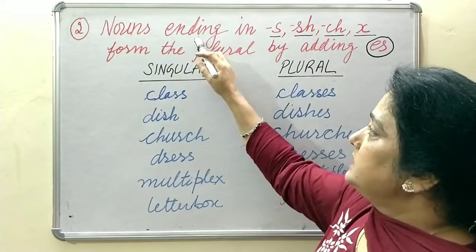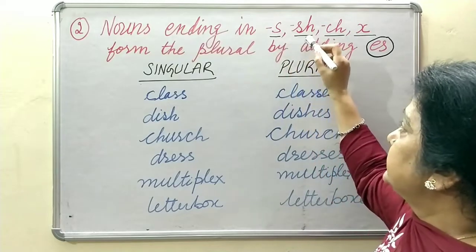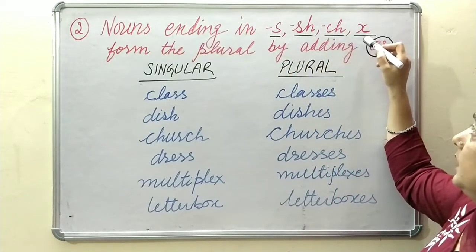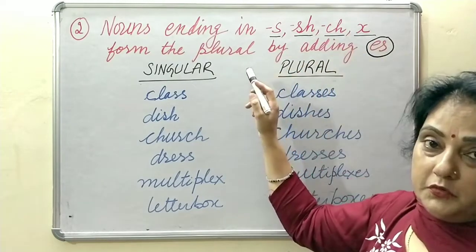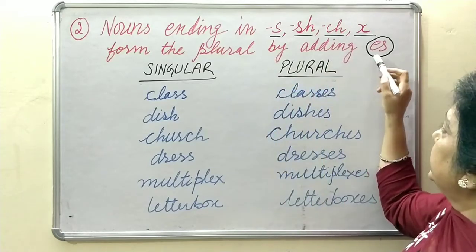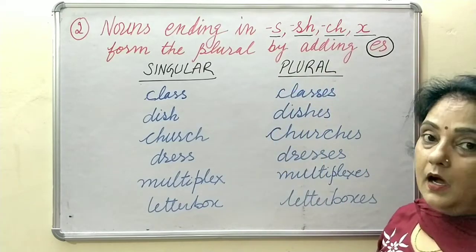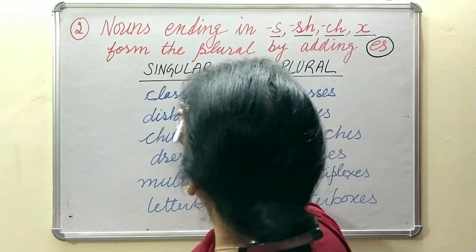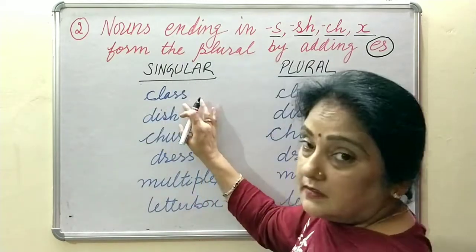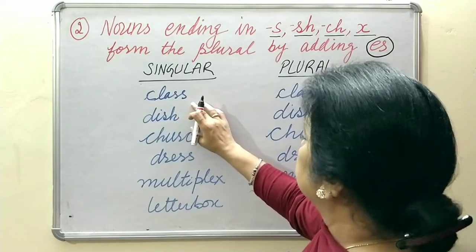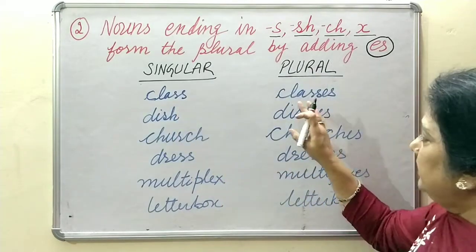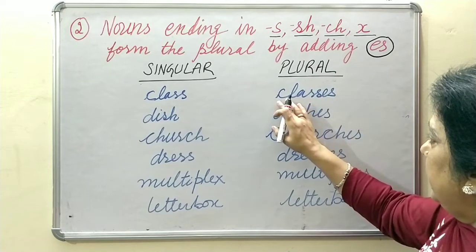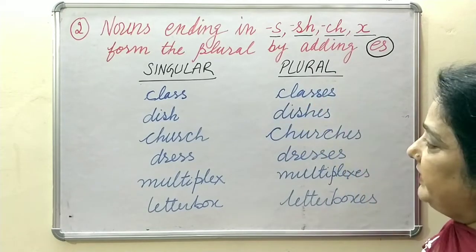But some nouns ending in S, SH, CH or X form the plural by adding ES. Let's see how. Class. The last letter here is S. The plural form, classes. What we have done to the class?